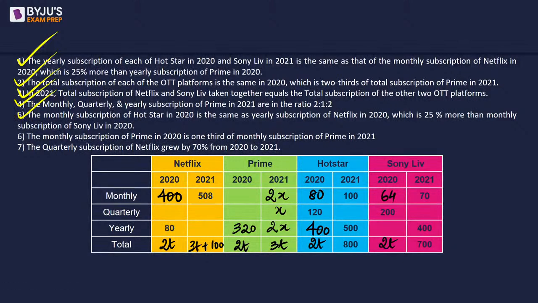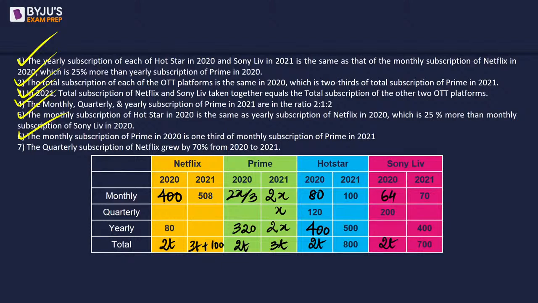Sixth now, the monthly subscription of Prime in 2020 is 1/3 of the monthly subscription of Prime in 2021. So 2x है तो इसका 1/3 है. So this is going to be 2x by 3. So done with this point as well.